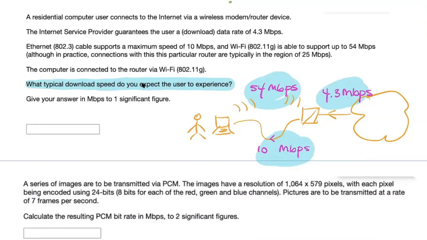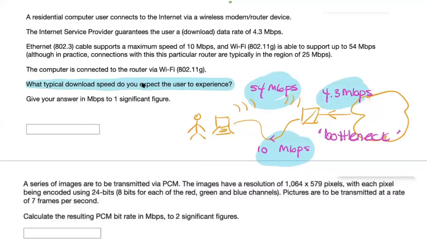So, again, we have a bottleneck problem. A bottleneck is where you have more than one connection as part of one communication system, and the overall data rate is determined by the slowest of these connections. So the numbers you got in your test might have been different, but in this case, we look at the lowest of these.